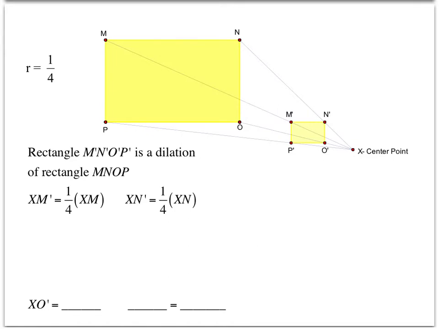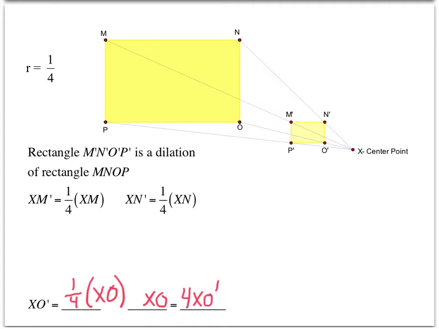We have XO prime is equal to 1/4 of XO. And this can be rearranged. So we can actually write that XO is equal to 4 times XO prime. And this is helpful to us when we go to find different measures.